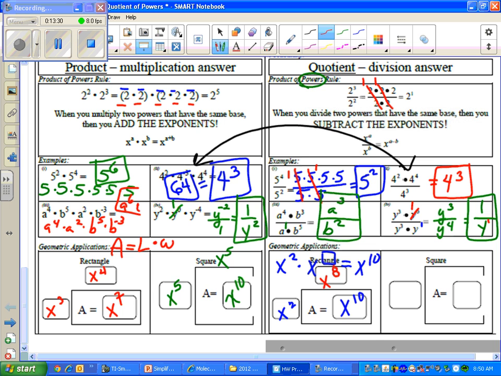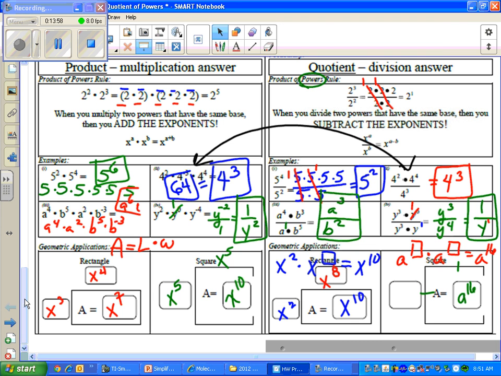Okay. Let's go to the square. Let's say that I give you that your area is a to the 16th. Well, you know that in a square, the sides are going to be the same. So these two sides are the same. So what we have here is length times width: a to something times a to the something equals a to the 16th.